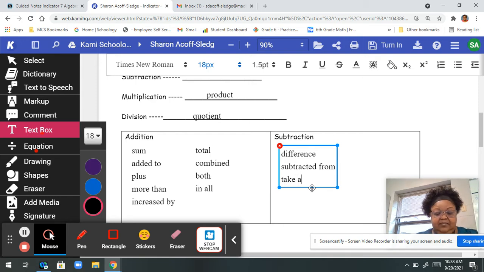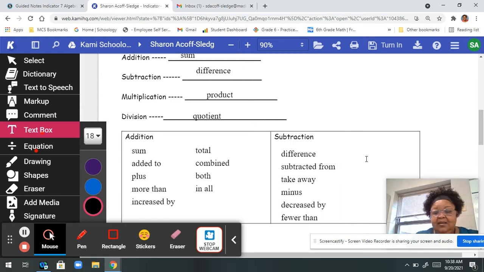Take away. Minus. That one's an easy one, right? Decreased by. Decrease would let me know I need to subtract because I'm going to have less than I started out with before. Fewer than. And we're going to talk about that "than" later.